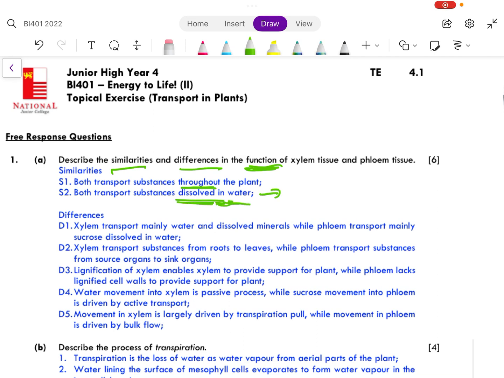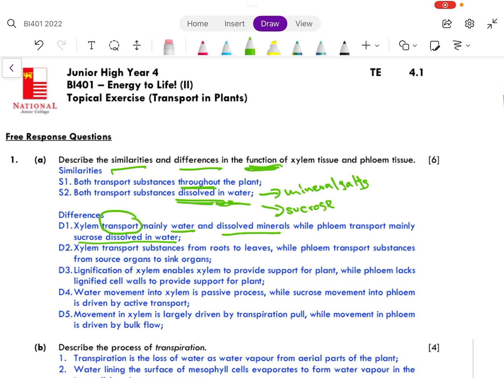So whether it is mineral salts in the xylem or sugars like sucrose in the phloem, both of them have to be dissolved in water for transportation. So those are similarities. What about the differences? When we look at the differences, xylem transports mainly water and dissolved minerals, whereas the phloem transports mainly sucrose dissolved in water. So when we look at the functions, the difference here is what they transport.